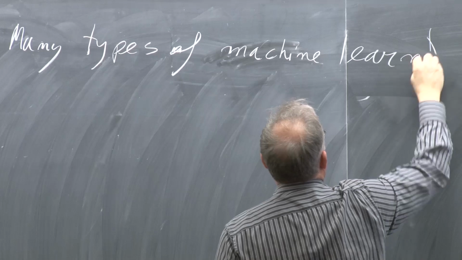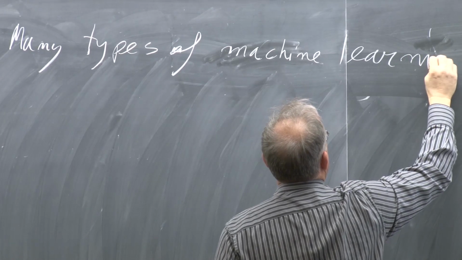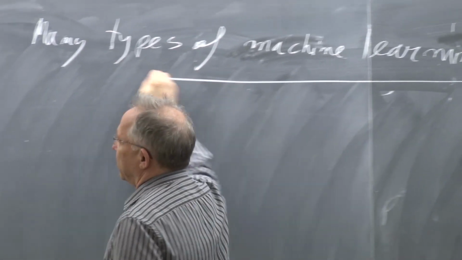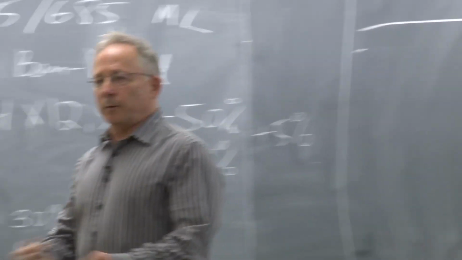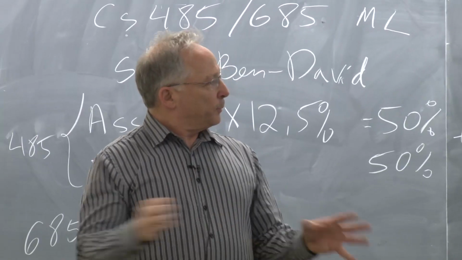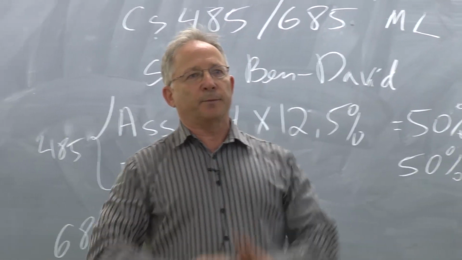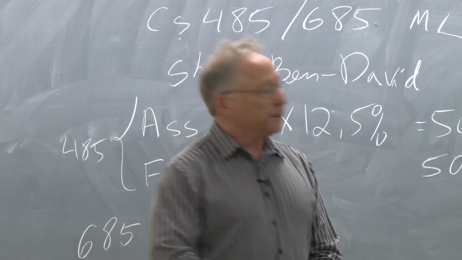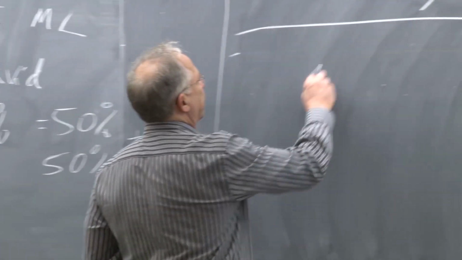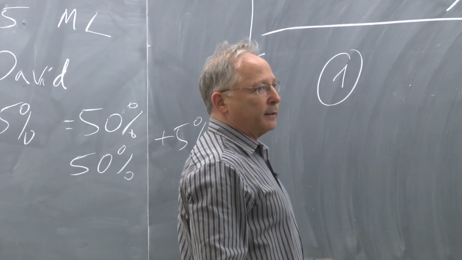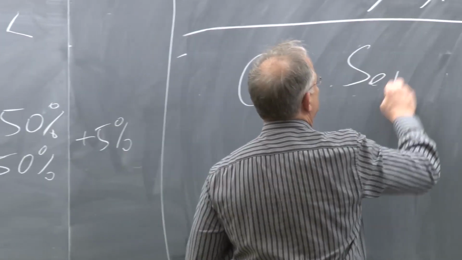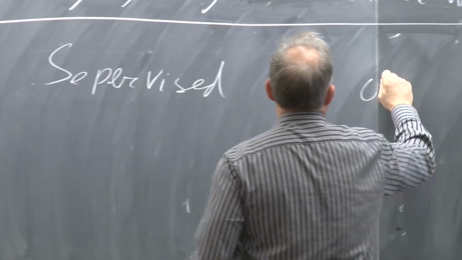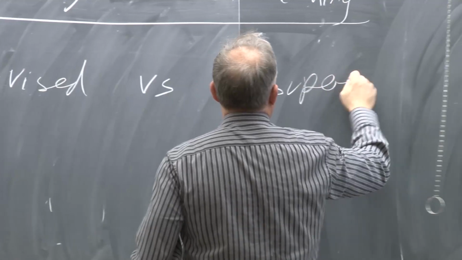I want to give you some kind of perspective of where in all these potential uses of machine learning we are going to focus in this course. So the first kind of tension that one can look at is between supervised versus unsupervised. So what do I mean by that?